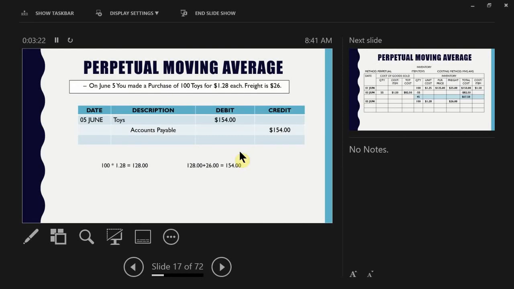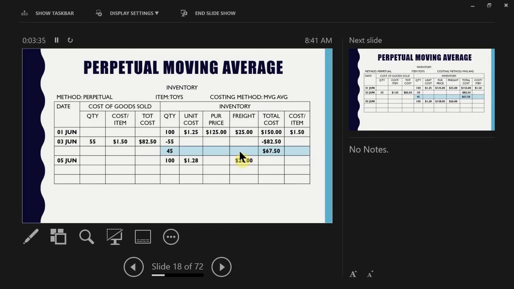Okay. Now, on June 5th, you made another purchase of 100 toys at $1.28, and freight is $26. So here now we're introducing another batch. In this case, it's again 100 items at $1.28. So there's 128 here. We add our freight, we get $154. Now, are you going to solve for the cost per item?